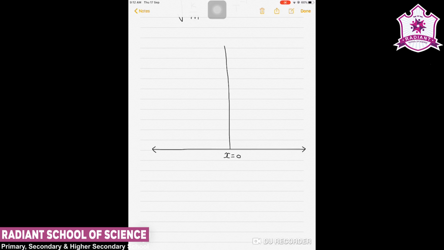Now we consider that mechanical energy remains constant, and it is shown by a straight line. So on our y-axis we have energy, and on the x-axis the displacement is given.